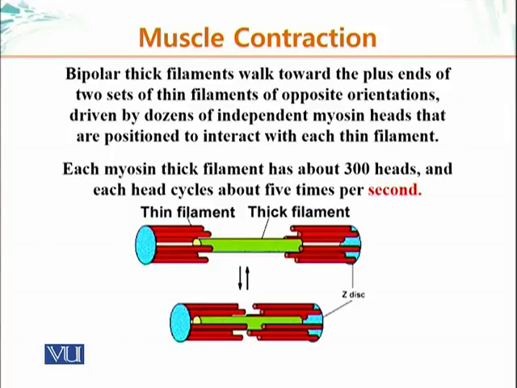The bipolar thick filaments, when they walk towards the plus end, the two sets of filaments of opposing orientation, are driven by hundreds of independent myosin heads that are positioned to interact with each thin filament. When they interact, the heads bring these thin filaments closer together, resulting in contraction.